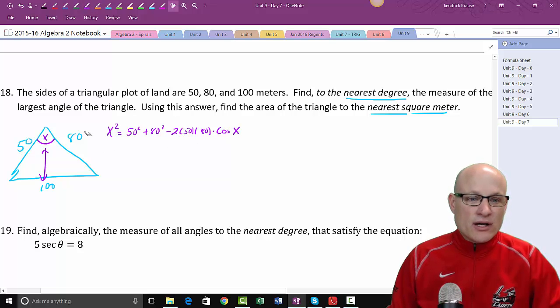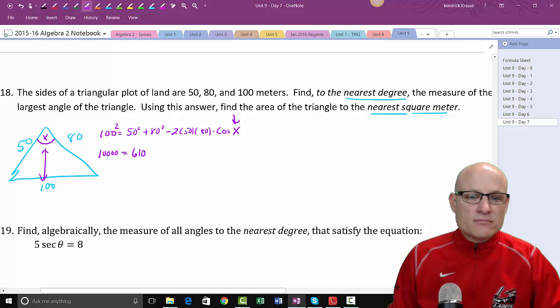Oh, well, this should have been 100, right? Because we're really looking for this. Okay, so 100 squared is 10,000. 50 squared is 2,500 plus 3,600. 25 and 36. 25 and 35 is 60.